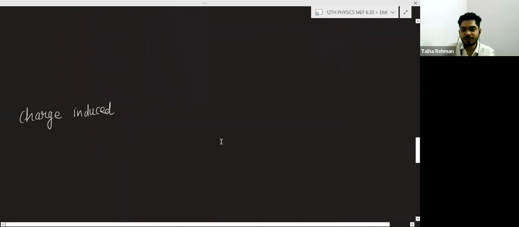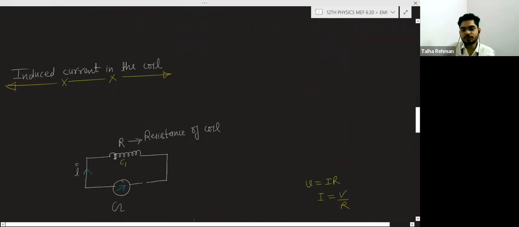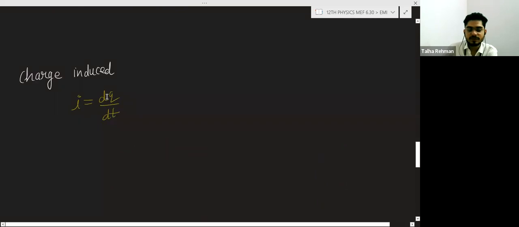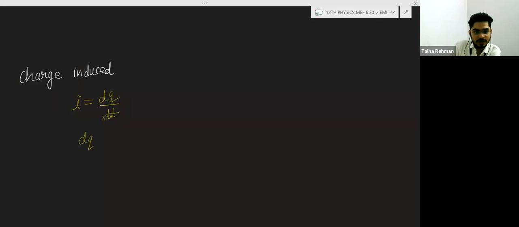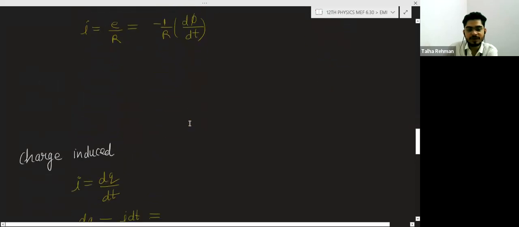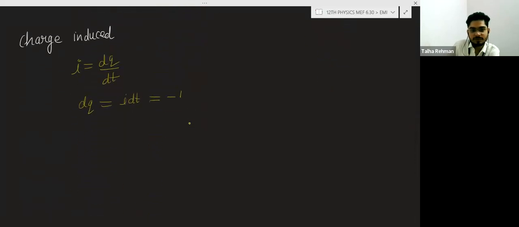Now charge induced for this coil C1. Induced current is given by dq by dt. Current is charge divided by time. So from here you can calculate the charge. dq is equal to I into dt. So put the value of induced current. Induced current is minus 1 by r d phi by dt.